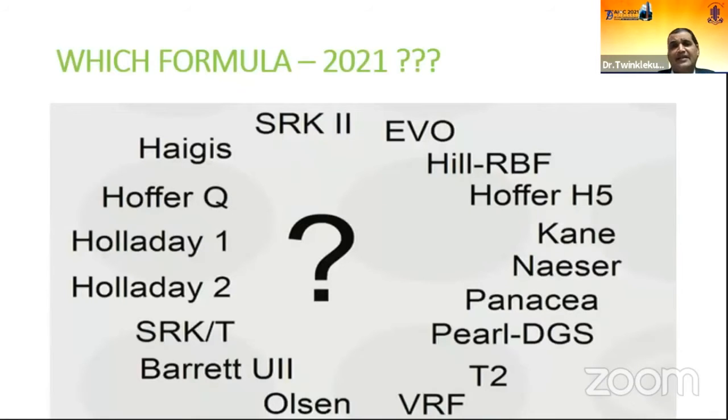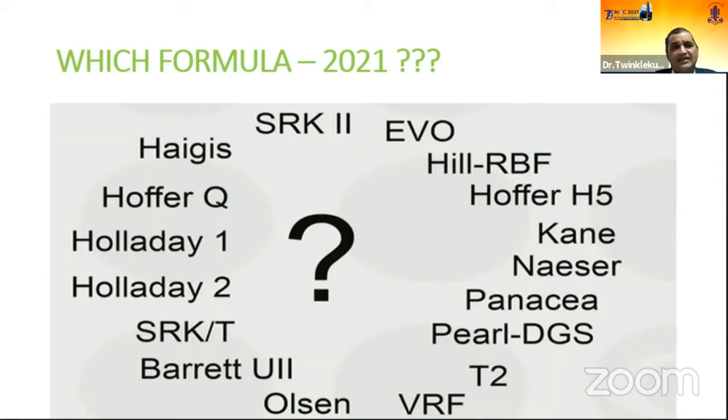So many formulas are there in 2021. Besides the third generation formulas of Hoffer Q, Holladay, and SRK/T, in the middle of the decade we had the Barrett Universal and Olsen. The newer formulas from 2019 onwards include RBF, EVO, Kane, Panacea, Pearl DGS, and T2.